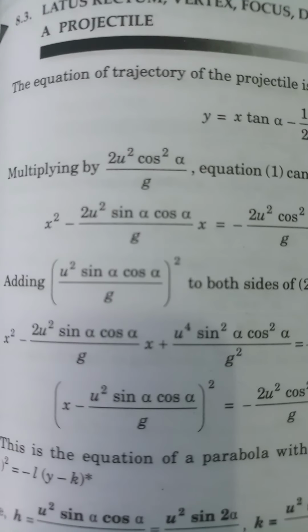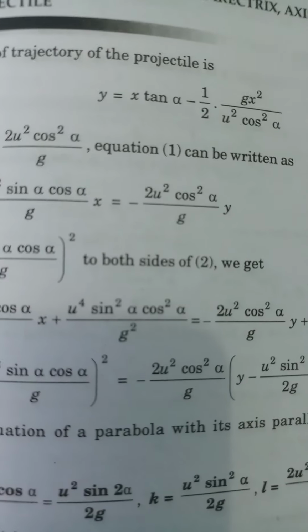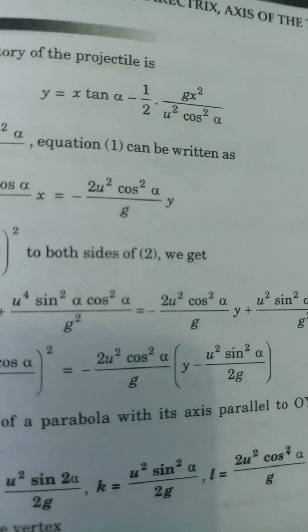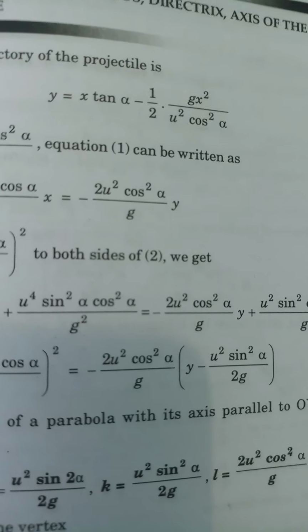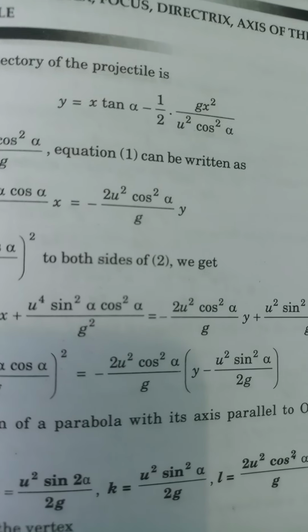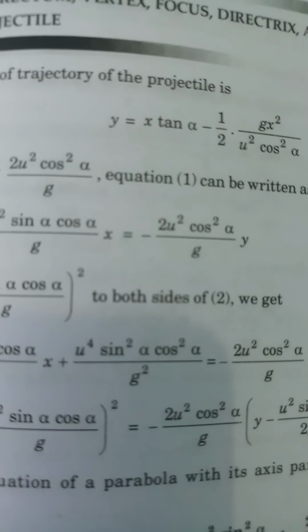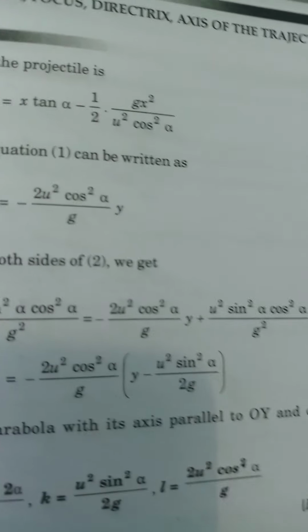Now we know the equation of trajectory of the particle is y equal to x tan alpha minus half g x square by u square cos square alpha.